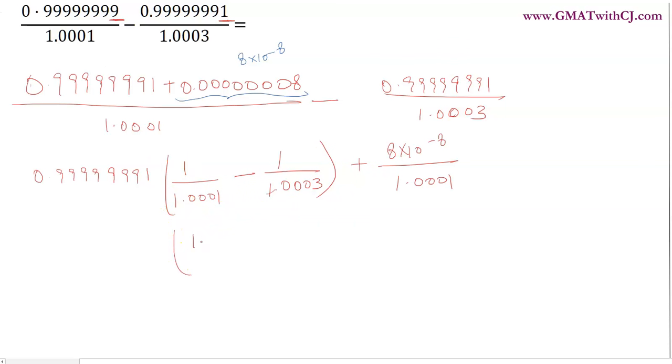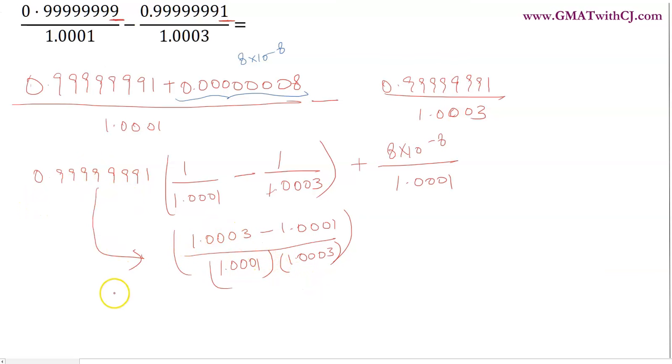So what you will get is 1.0003 minus 1.0001 divided by 1.0001 into 1.0003, right? And then of course this also carries here, and then again it carries here, multiplied by, you will get 2 into 10 raised to minus 4 divided by 1.0001 and 1.0003 plus this number.